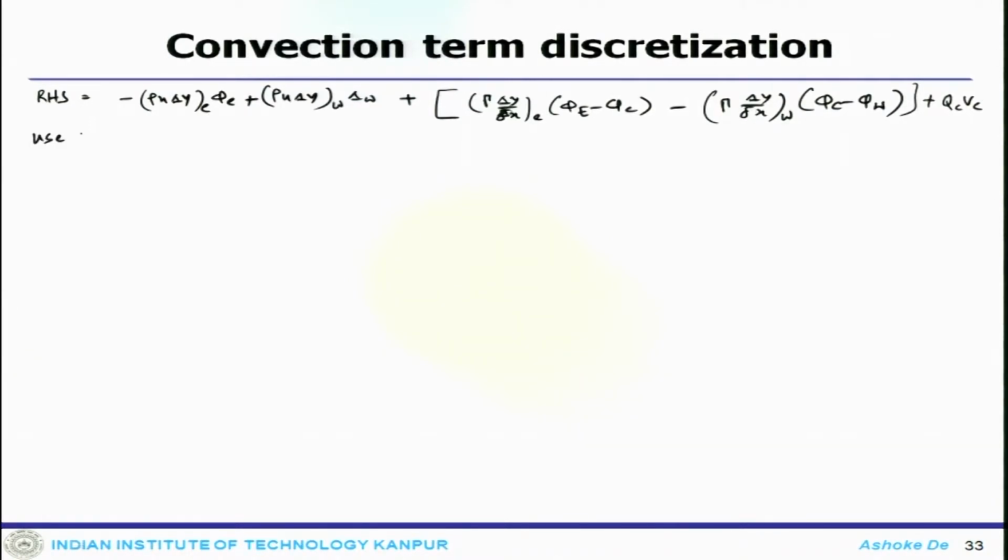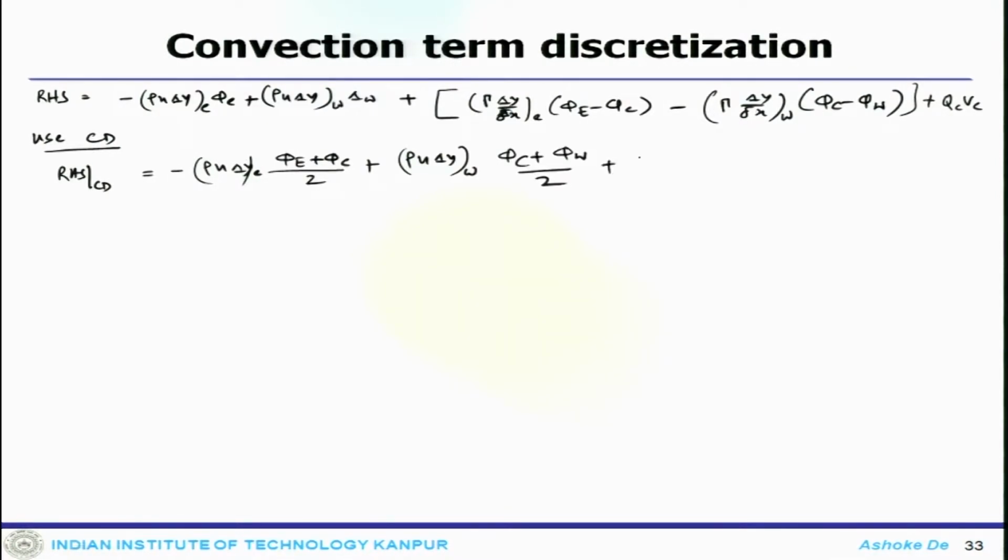Now, one can use the CD scheme, then the right hand side for the CD scheme will become rho u del y e phi e plus phi c by 2 plus rho u del y w phi c plus phi w by 2 plus gamma del y by del x e phi e minus phi c minus gamma del y by del x w phi c minus phi w plus q c v c.